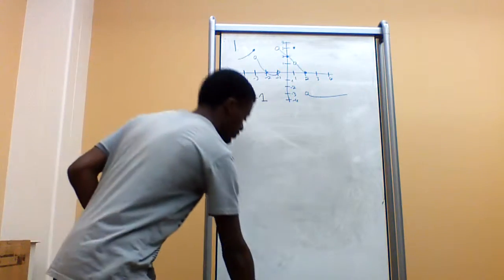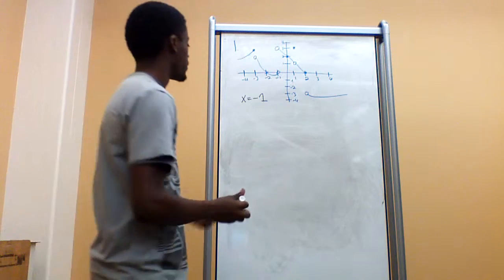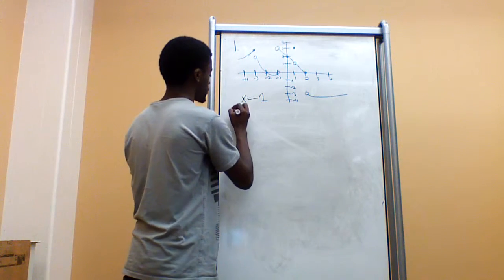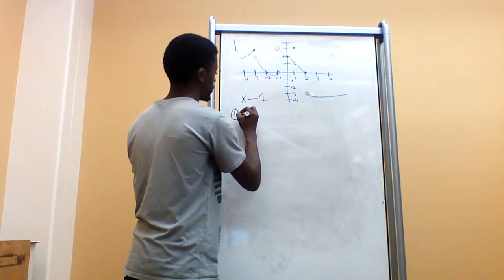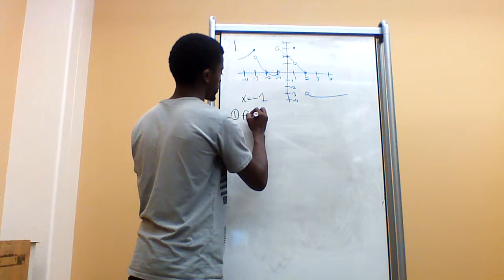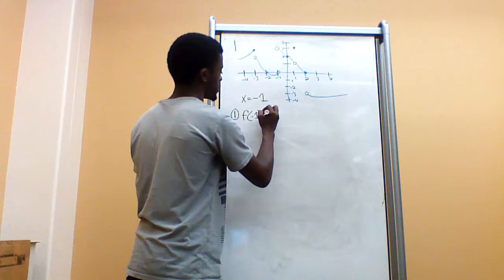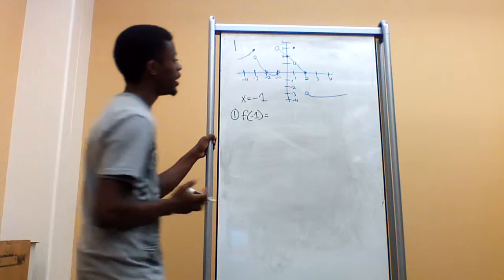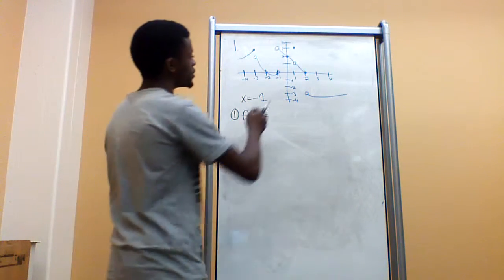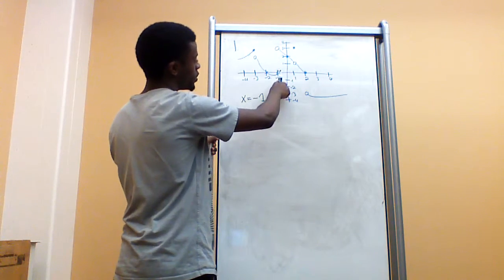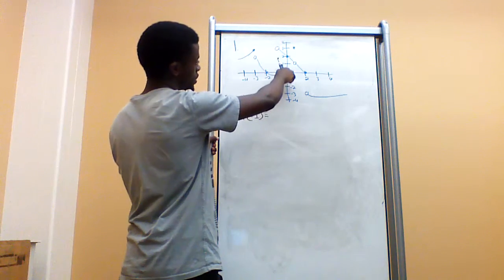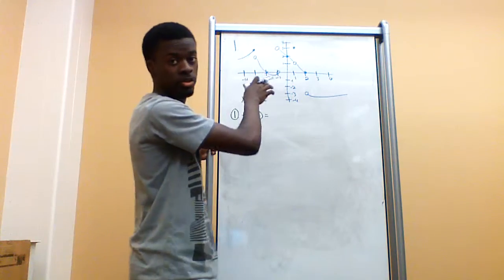The checklist it refers to is, first, number 1, if f of x, which is f of -1 in this case, is defined. The way that you find this out is you find -1 on the x-axis and you see if you see a solid line or a solid dot.